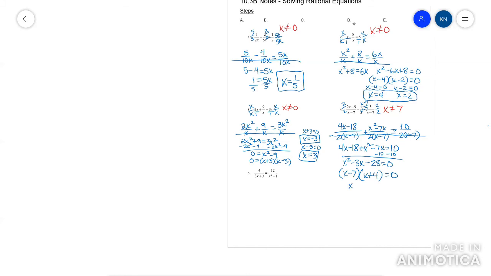Set each factor equal to 0. And then when you go to answer, just remember, x could not be 7. That was a restricted value. So this guy gets tossed. So your answer is only x equals negative 4.